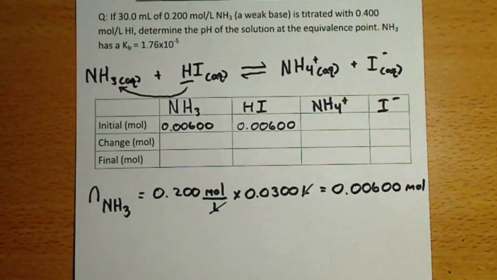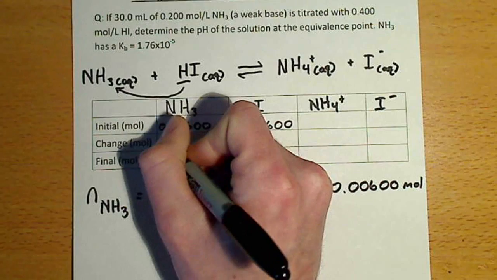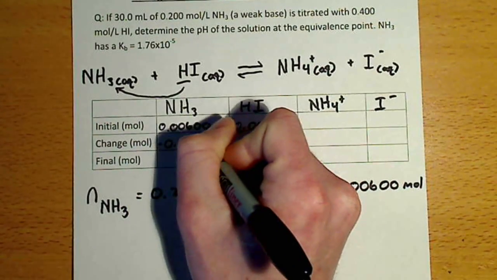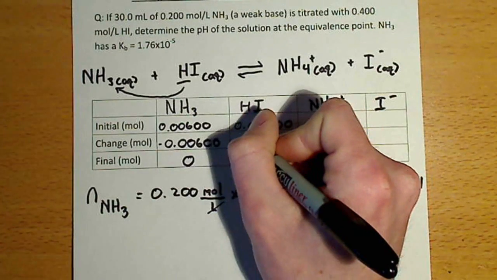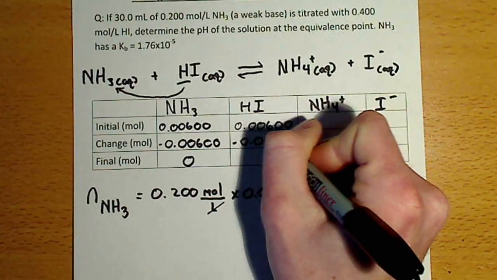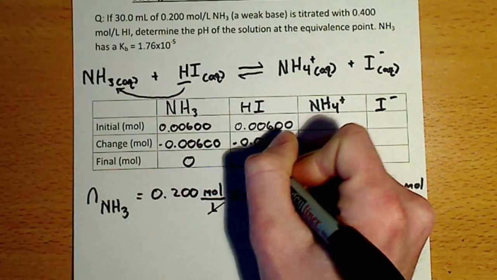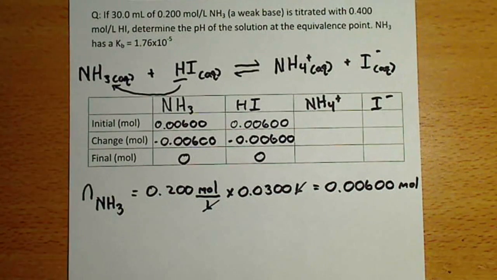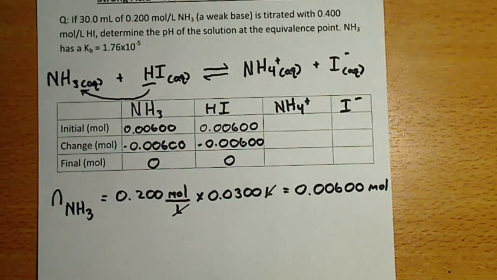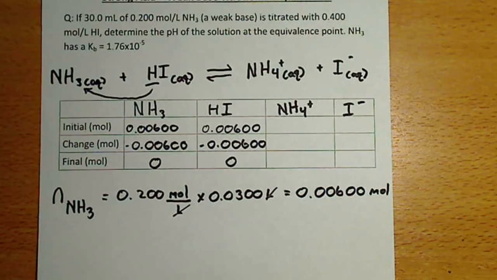Given that we have equal molar amounts of our reactants, I know that my change column will have to use all of the moles of both of my reactants, which therefore leaves me with 0 moles of either. However, we do have to keep in mind that those moles will form product.